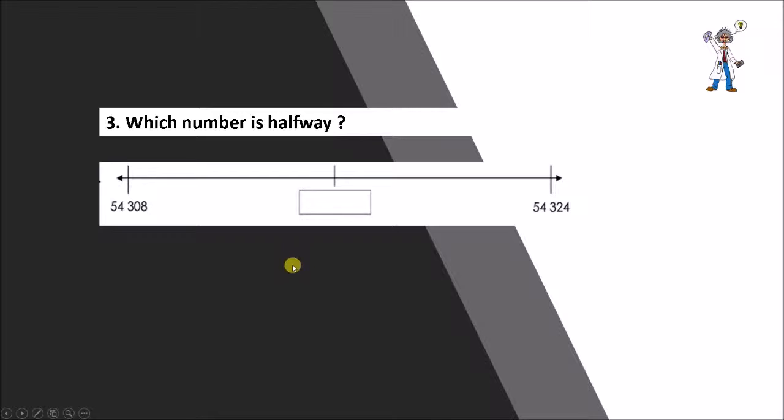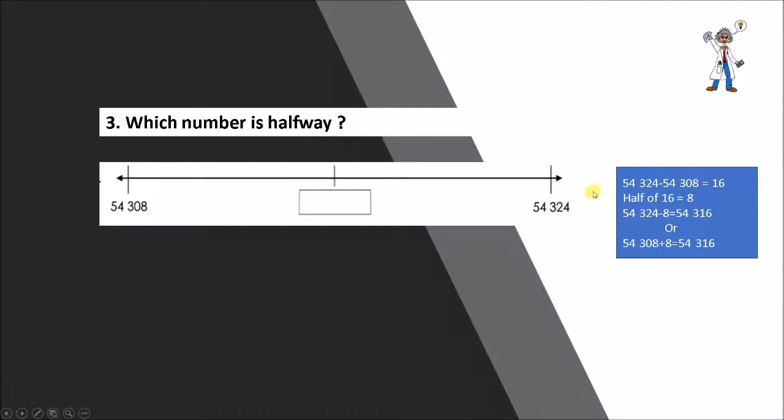Which number is halfway between two numbers? If we look at these two numbers, we will notice that this one is the smallest and that one is the largest. To determine the halfway mark between those two numbers, the best way is to take the larger number and subtract the smaller number.